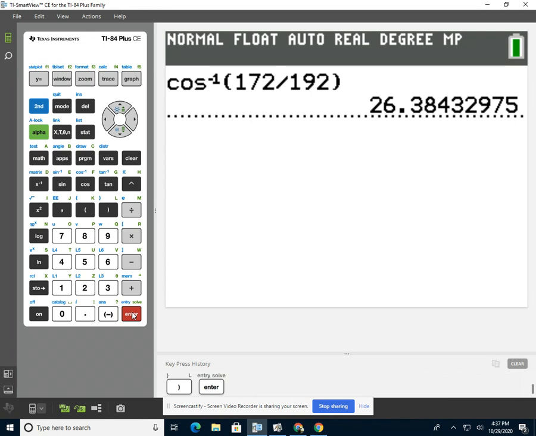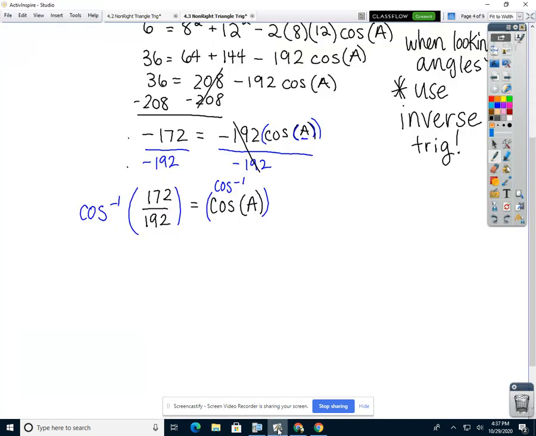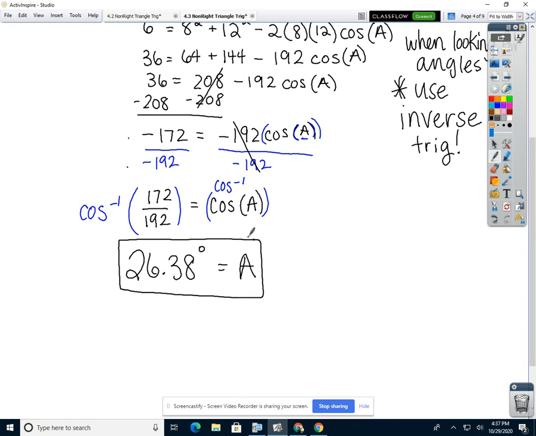And, ooh, look at that. All right, I get 26.384. So you all know I enjoy the 2 decimal places, so 26.38. So 26.38 is our angle. So I'm going to pop a little degree symbol in there. So 26.38 degrees is our angle using law of cosines.